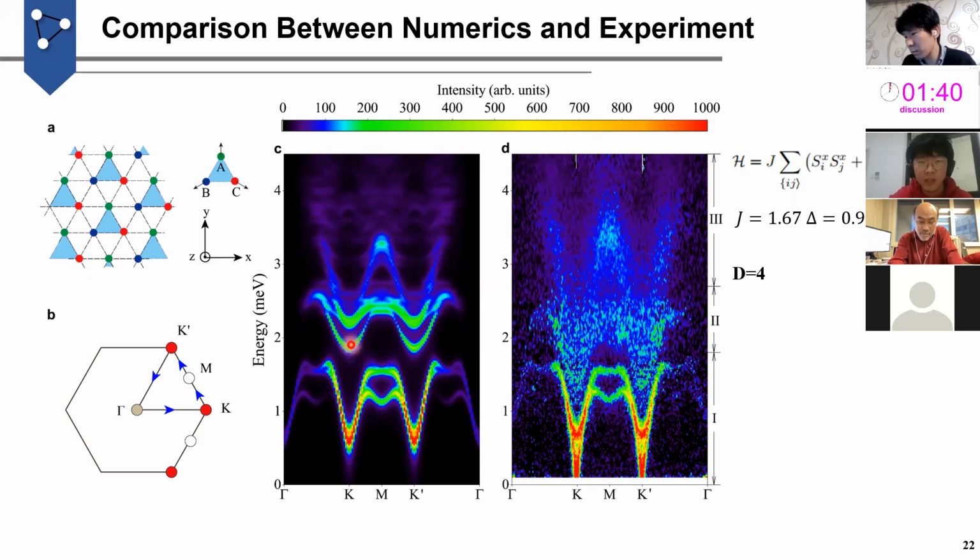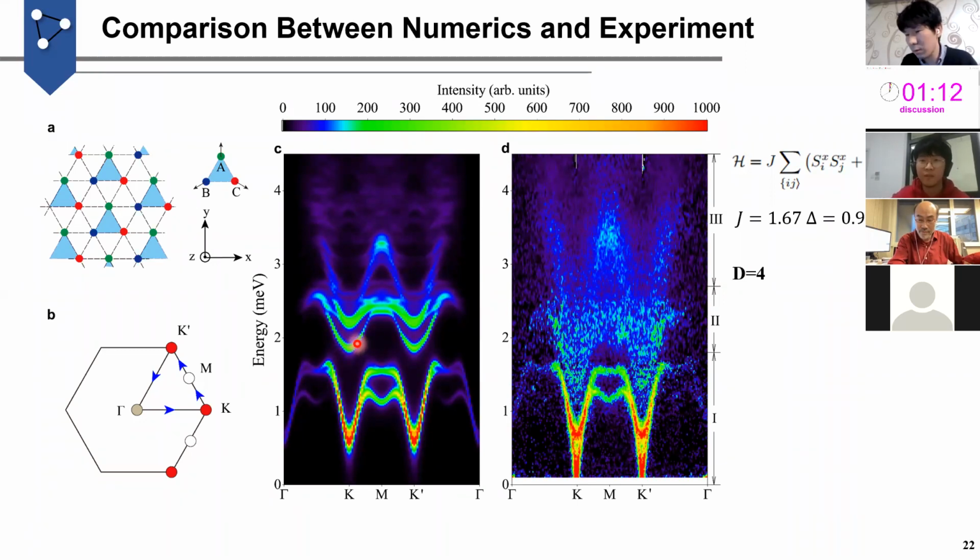The diffusive behavior actually comes from the interaction between the single mode and the two-magnon continuum, so it will be diffusive. So we cannot perfectly capture the two-magnon continuum. And the second one is that with the smaller bond dimension, we cannot capture all the interaction between the low energy and the high energy, which contributes to the diffusive behavior here.